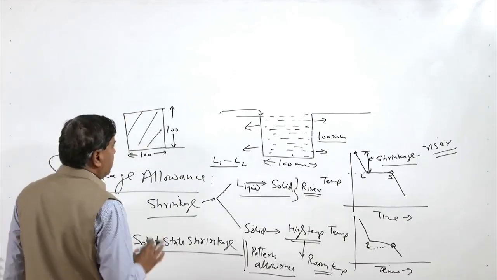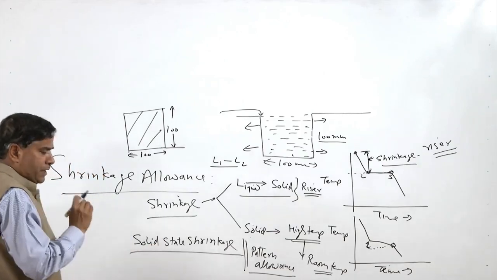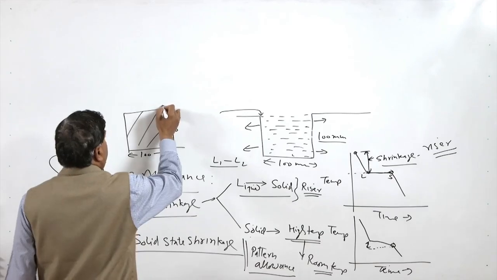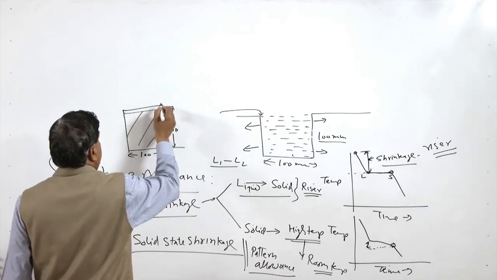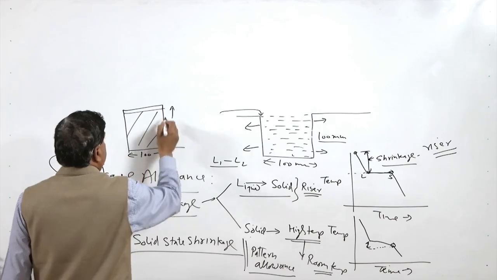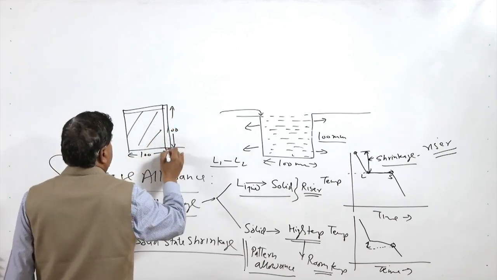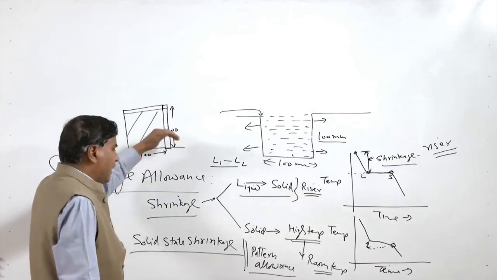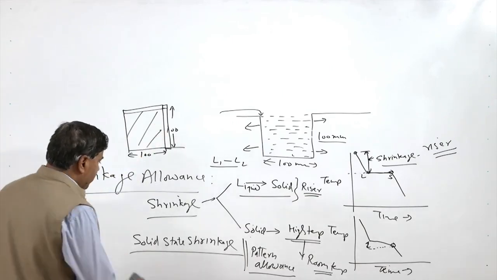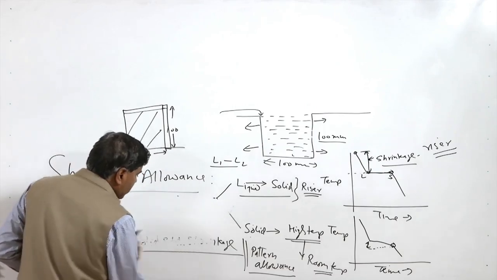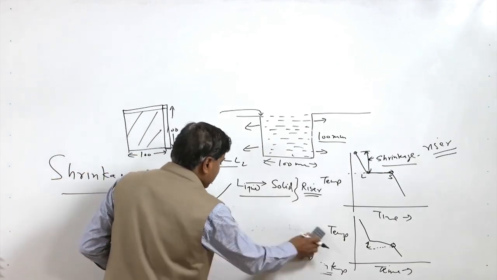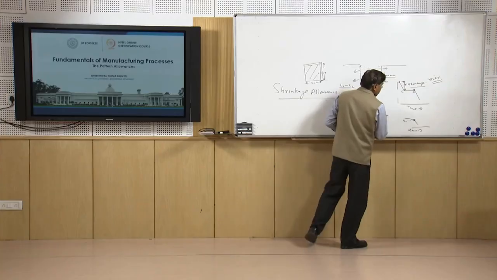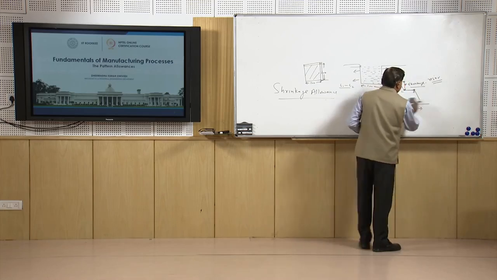So, the extent of the reduction needs to be taken care of, and accordingly we need to make the pattern of a larger size than this, so that after the shrinkage it finally is 100 mm. Depending upon the dimensions and the type of metal, the extent of the shrinkage will be determined.